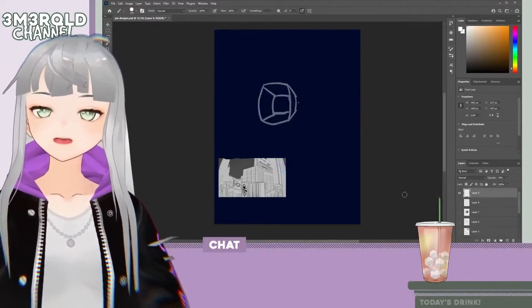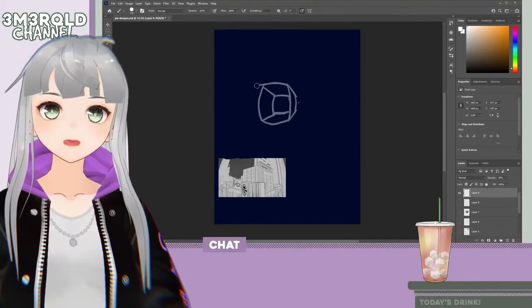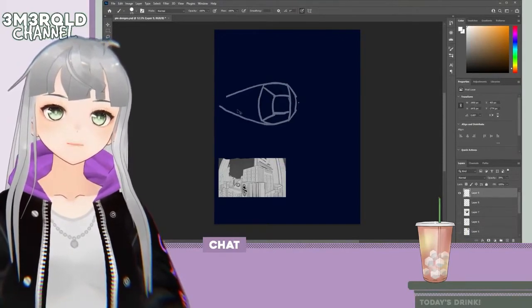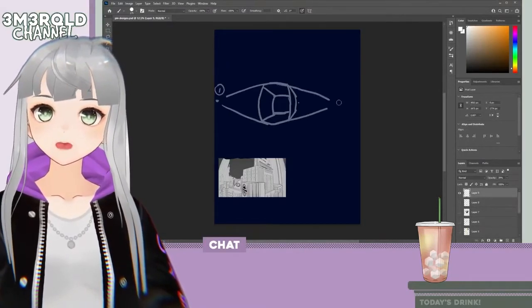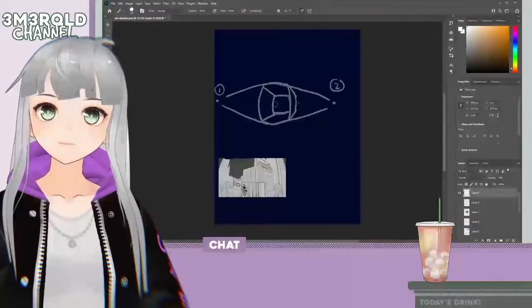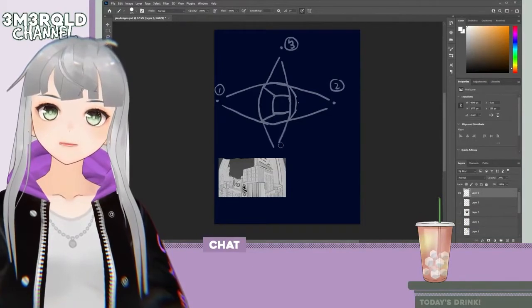So let me turn down my guide layers. We'll have a box that looks something like this. And see, this will be converging to 1 point here, as well as 1 point here, as well as 1 point at the top, as well as 1 point on the bottom.